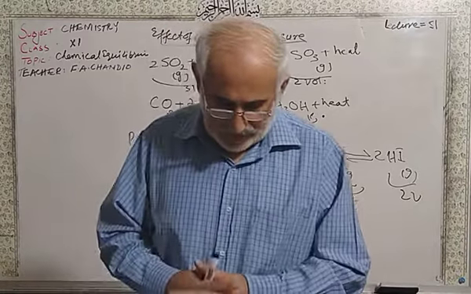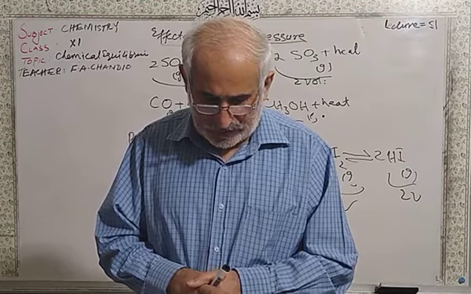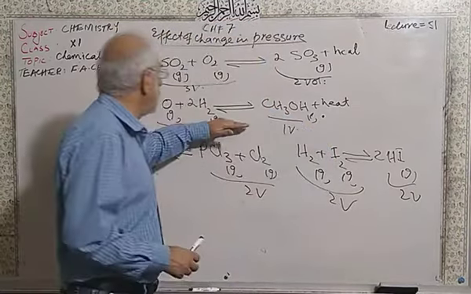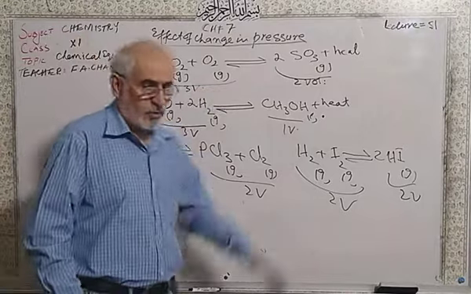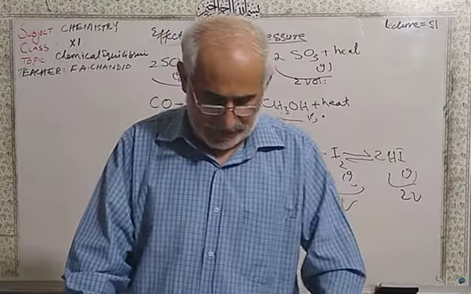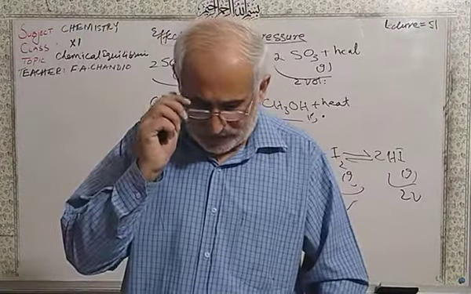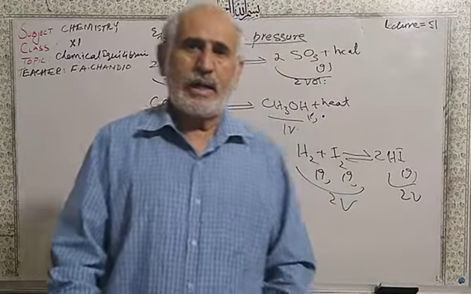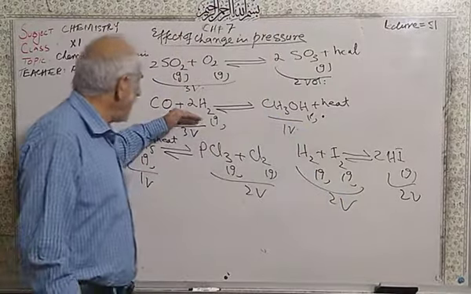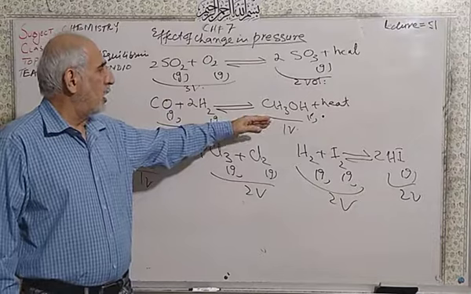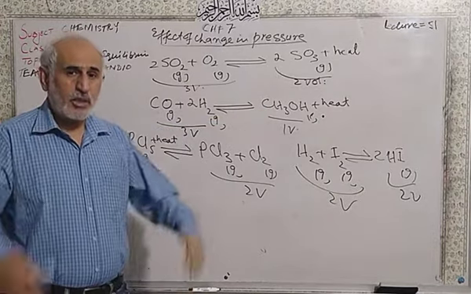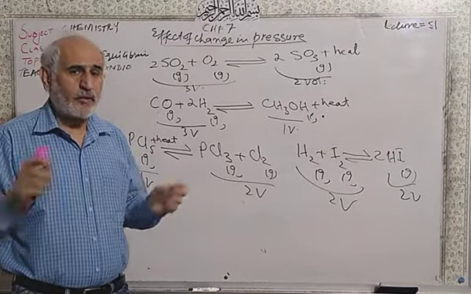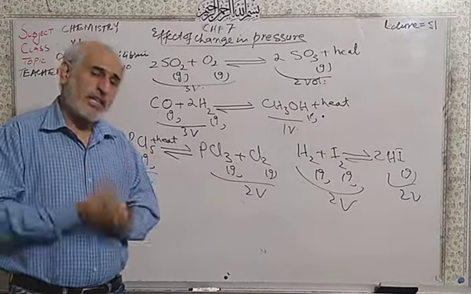So here the self-assessment exercise question is given. Same equation: 1 mole of carbon monoxide and 2 moles of hydrogen give 1 mole of methanol. Now in the industry, the student is going to decrease the pressure for the production of methyl alcohol. He wants to get more methyl alcohol, but what he is doing is decreasing the pressure.